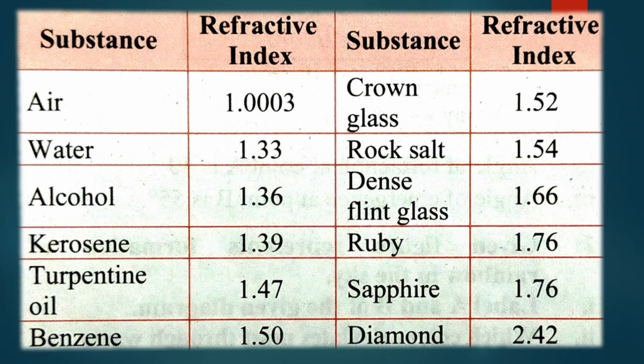Optical density increases with the refractive index. For example, diamond is optically denser than water or glass. This table helps understand how light behaves in different materials. For example, how much light bends, that is refracts, when entering or exiting these substances.